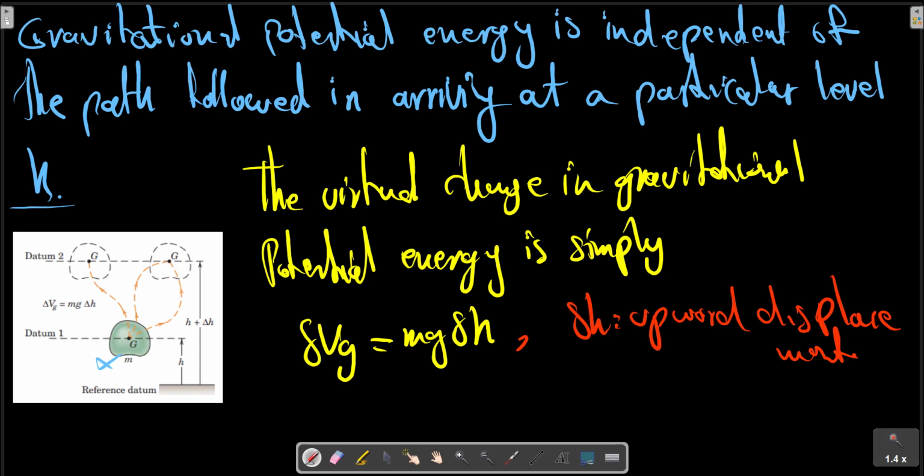If the mass center has a downward virtual displacement, delta Vg is negative.